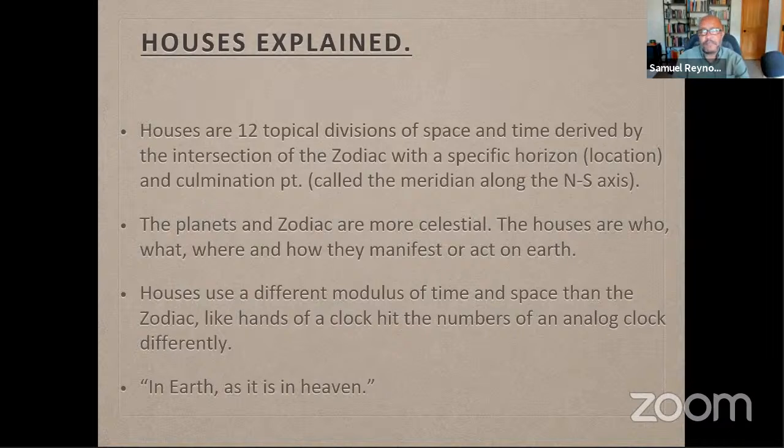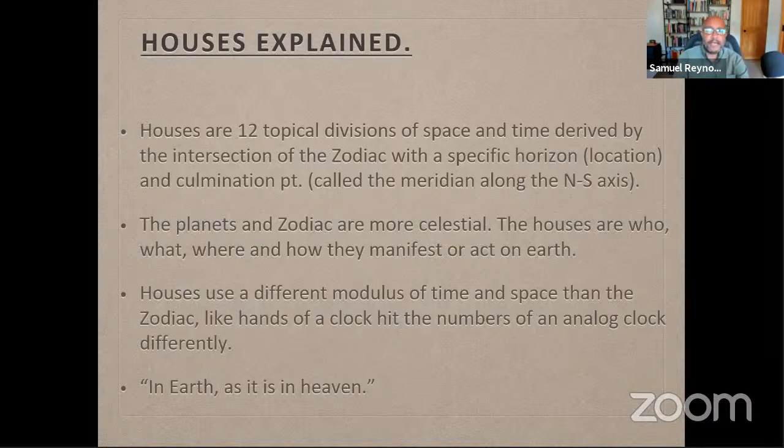So for instance, when you look at the small hand of an analog clock at the 1, and the larger hand at the 12, you will say to me, it's 1 o'clock. If the smaller hand goes to 1, you will not likely say it's 1:01.